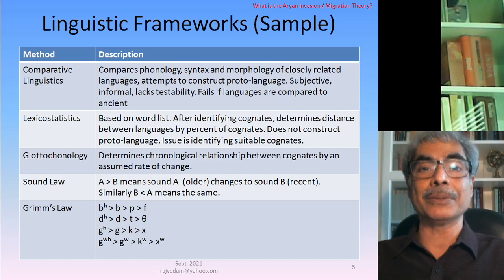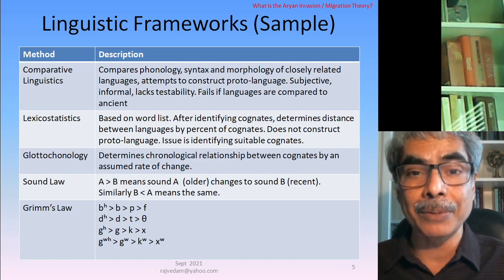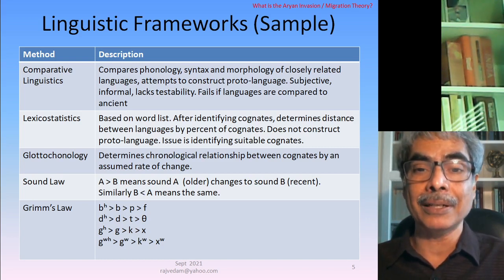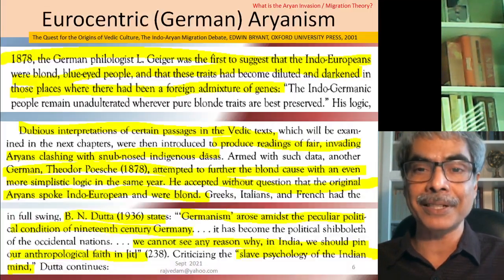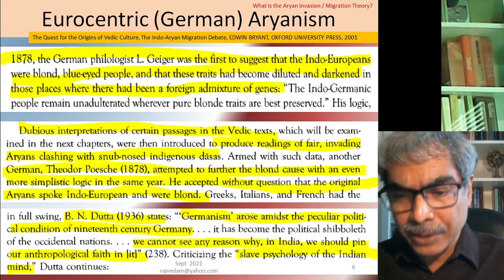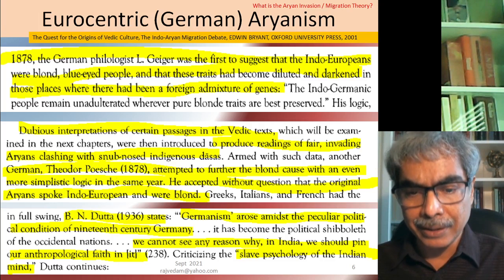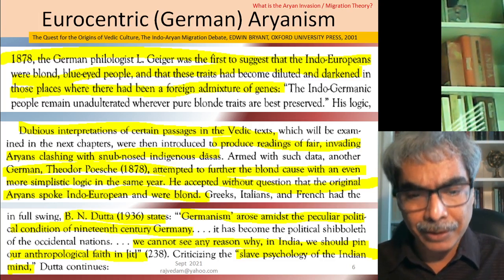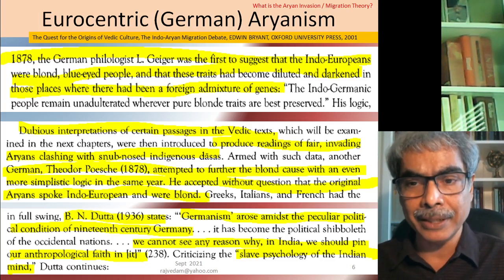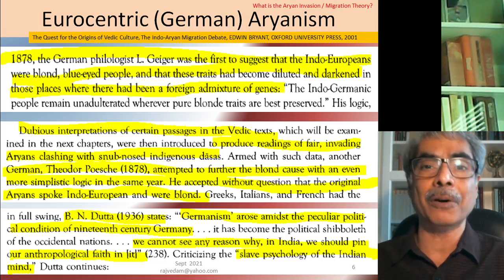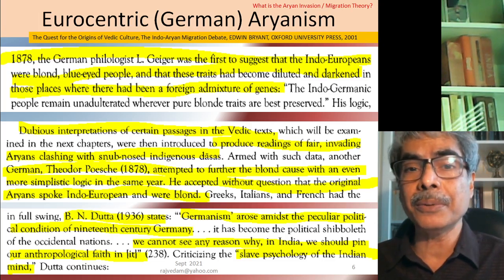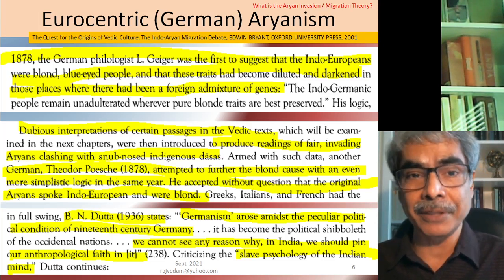And based on these rules, linguists came up with ideas on how languages might have dispersed. And very soon this linguistic theory and the endeavor of Eurocentric people to try to see where their origins are led to German Aryanism, for example.